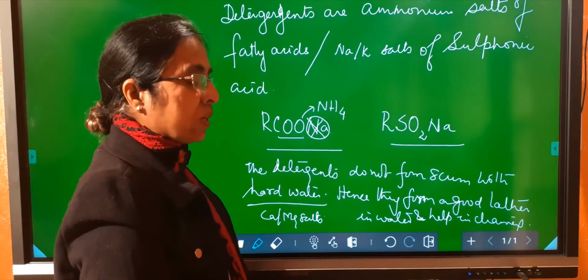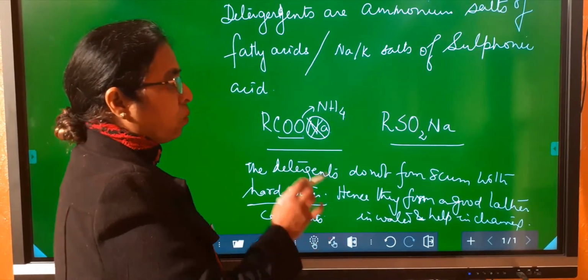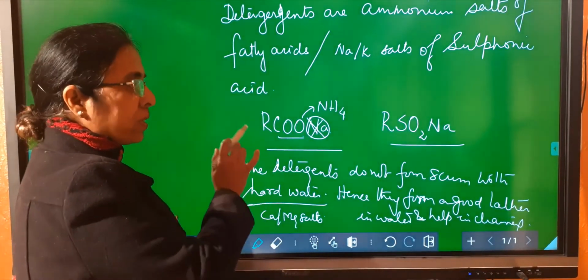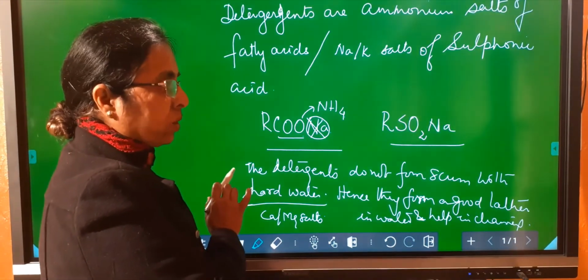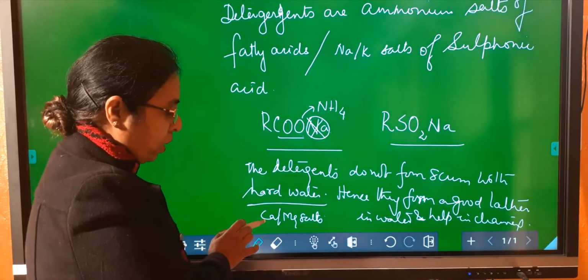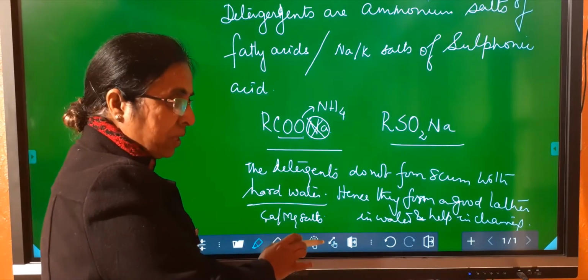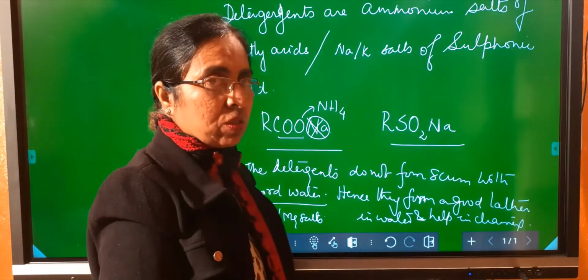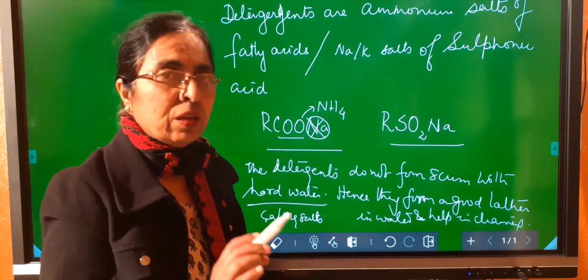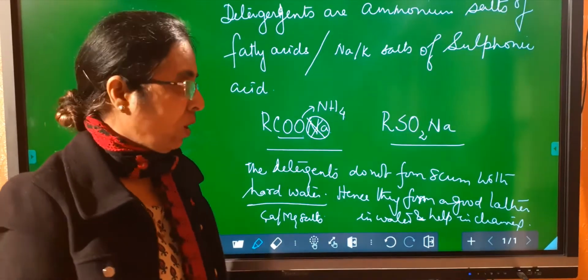So you know what soap is, what a detergent is, and what hard water is. Hard water contains dissolved salts of calcium and magnesium, in the form of bicarbonates, chlorides or sulfates.